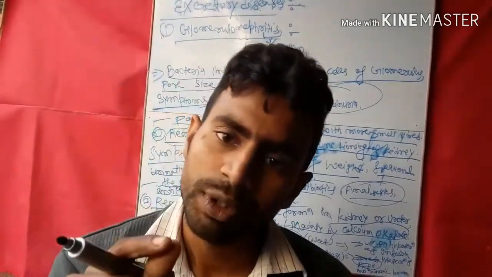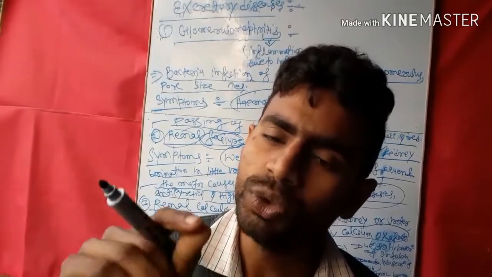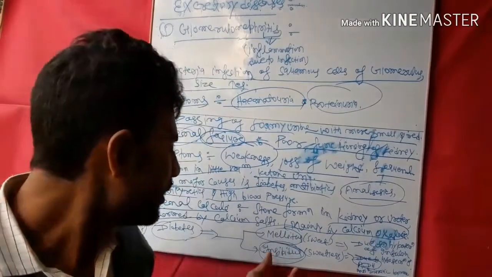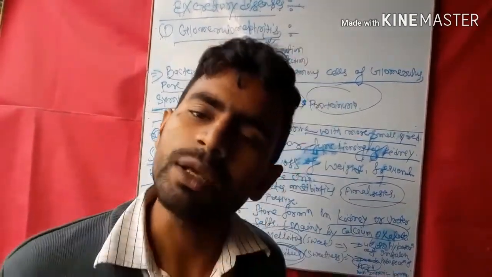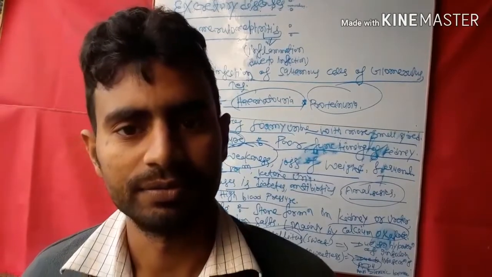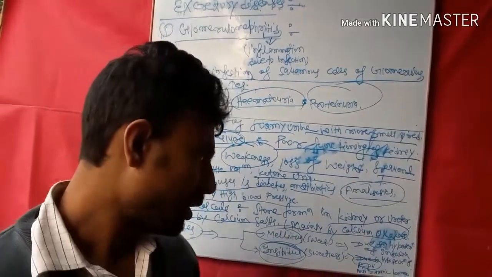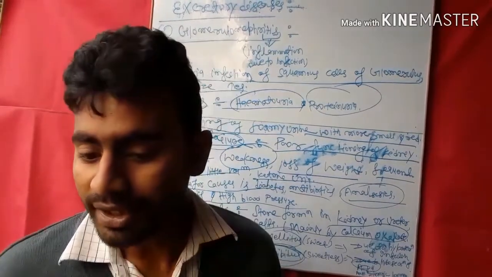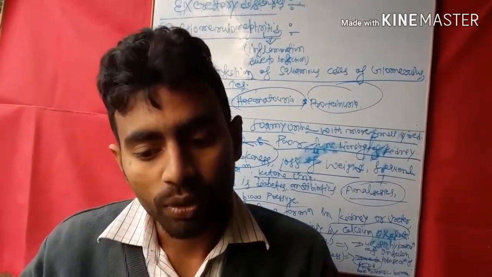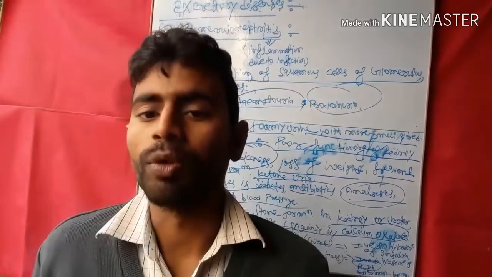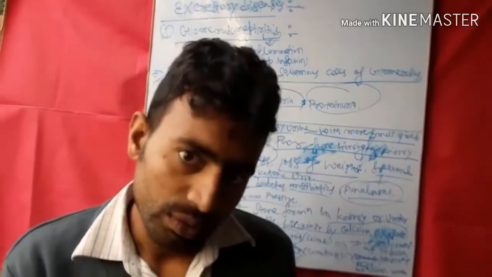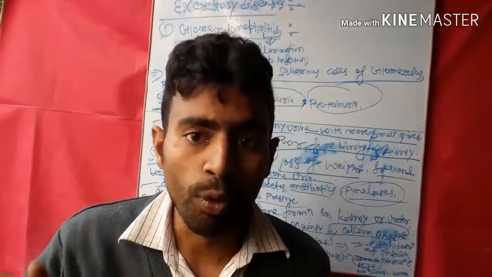Mellitus diabetes, which is sweet, happens due to hyposecretion of insulin, and insipidus diabetes, which is sweetless, happens due to hyposecretion of ADH. Diuretic means make you urinate more.